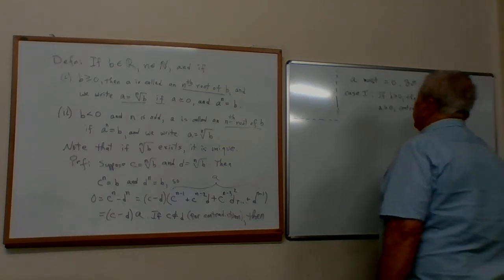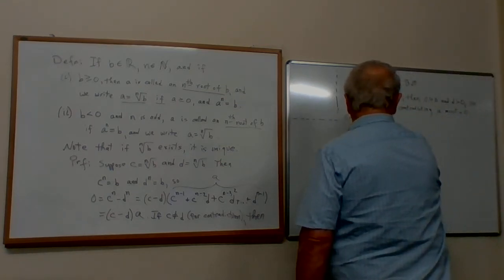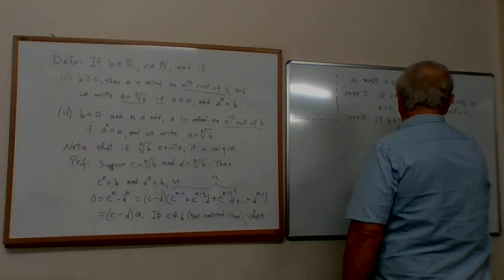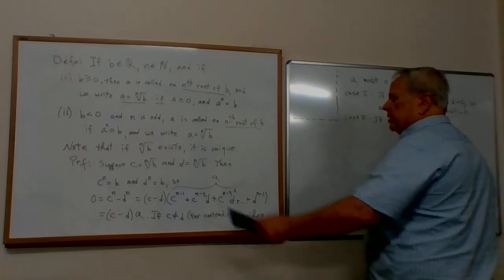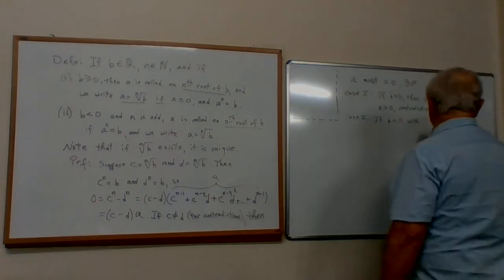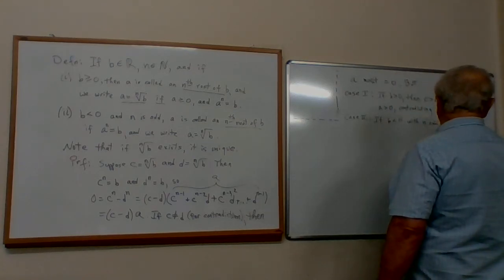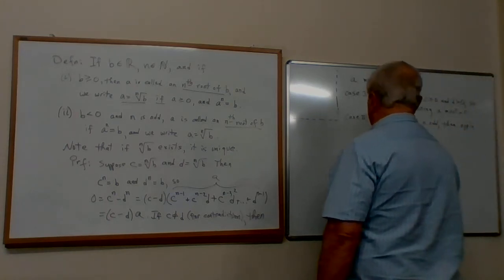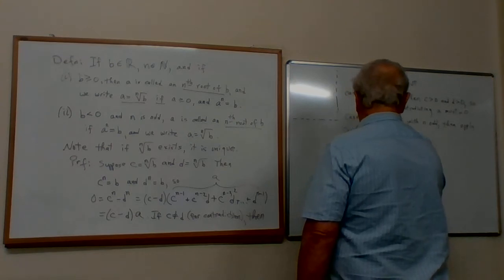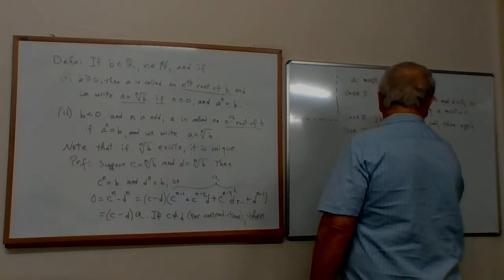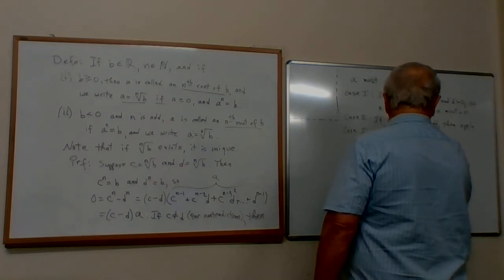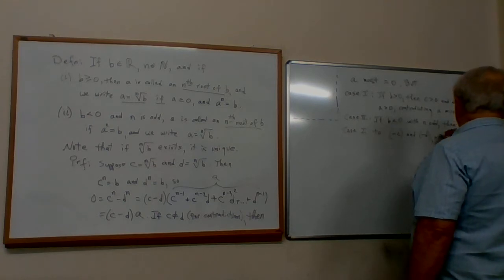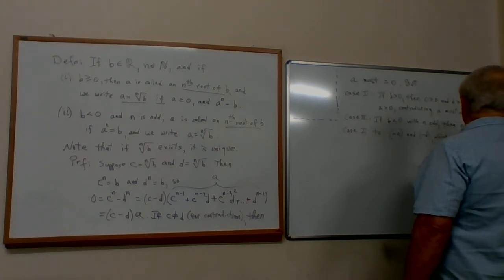Okay. Case 2. If B is less than 0, and of course if B is less than 0, I'm requiring that n is odd. So with n odd, then just apply case 1 to negative C and negative D, which are both positive.